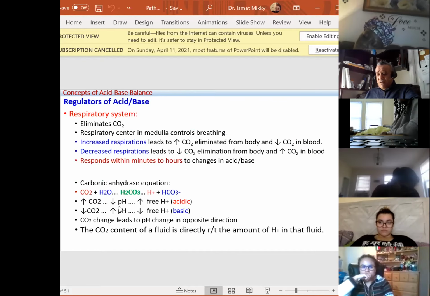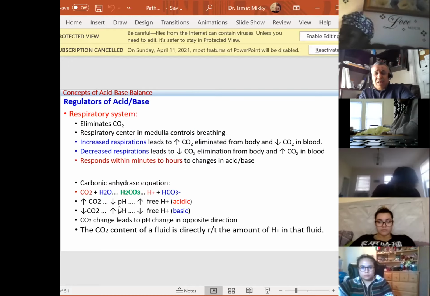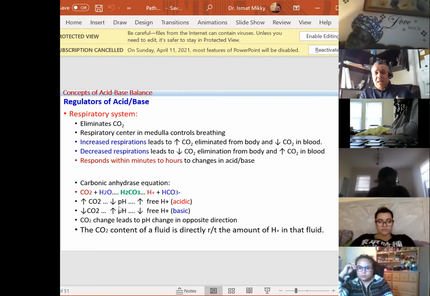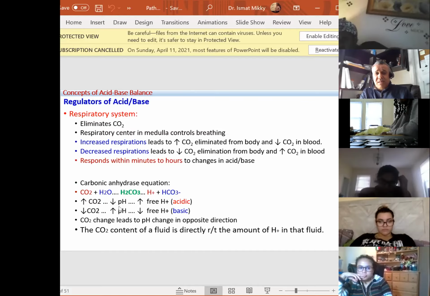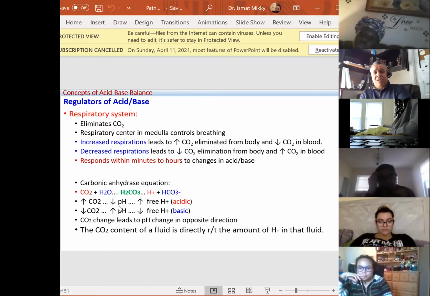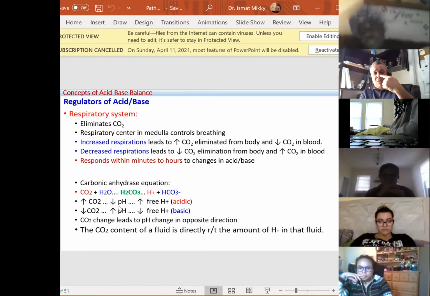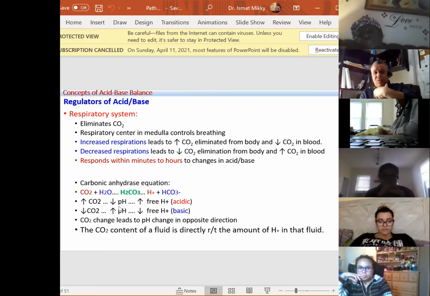The other component of the regulation is our lungs, the respiratory system. The lungs can also assist in compensating; in other words, they can also fix the acidosis or alkalosis problem. Let's say the patient is developing a metabolic acidosis, then the lungs will decrease the rate of respiration. I'm sorry, increase the rate of respiration. The patient is going to hyperventilate, and as we hyperventilate, we blow off CO2.